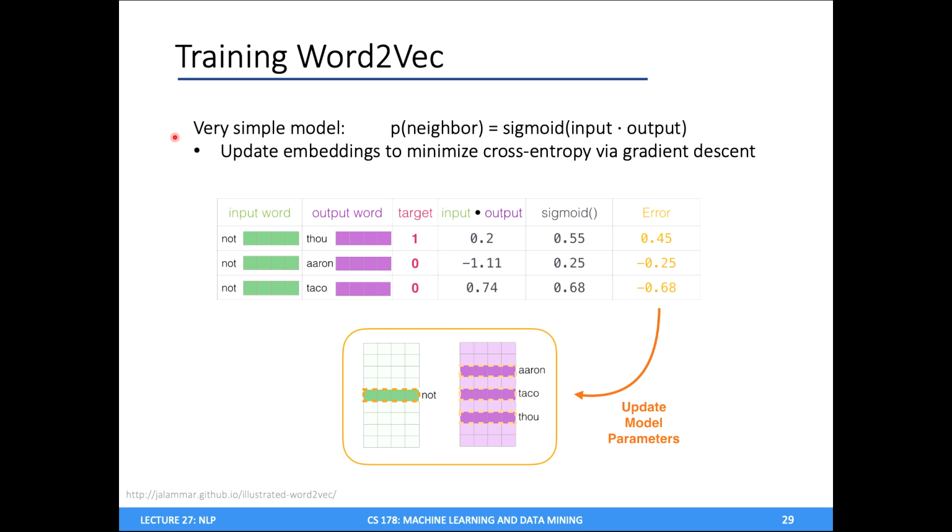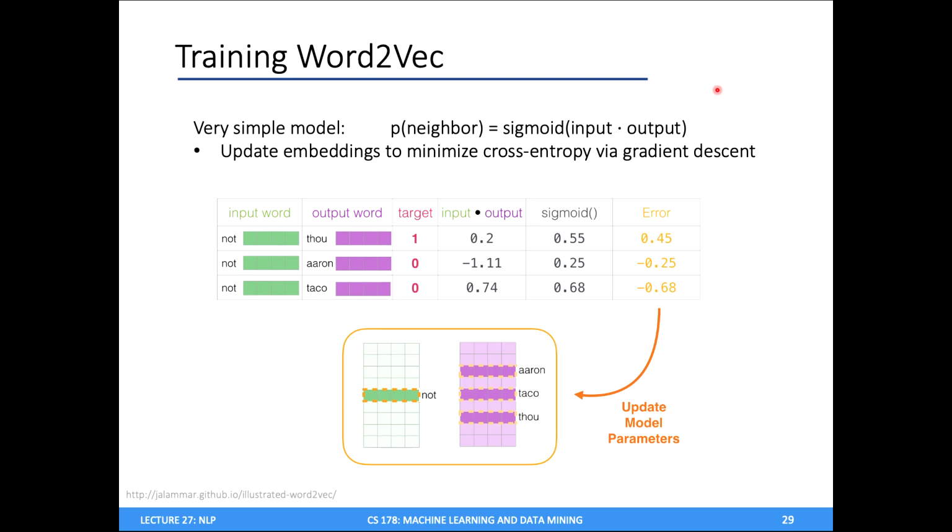And to do so, we're going to use a really simple model, where the probability of two words being neighbors, i.e. co-occurring, is just going to be the sigmoid function applied to the dot product of the input embedding vector with the output embedding vector. So we take our word, we look up its embedding, we take the output word, which is the word we're comparing it to, it also has an embedding vector, we take their dot product.